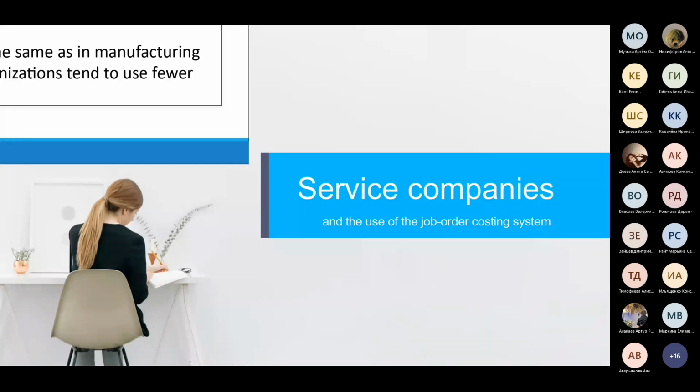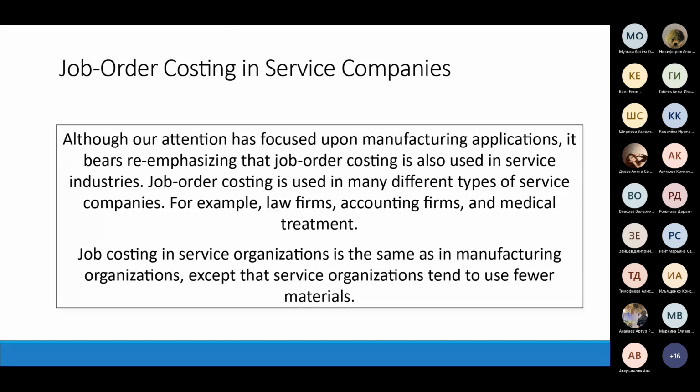Job order costing system is applicable to service companies as well. And we can see that the process is very similar to the manufacturing organizations, except that service organizations tend to use fewer materials, especially direct materials, and may use more expenses because of the specificity of the firm.